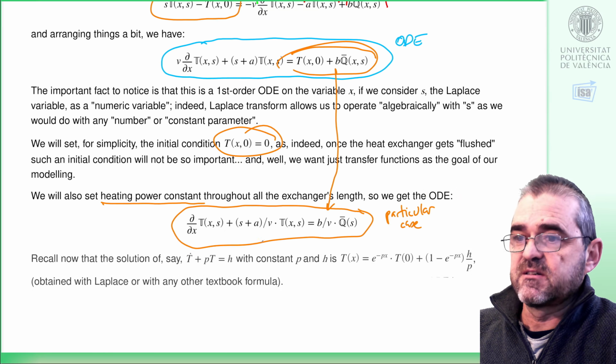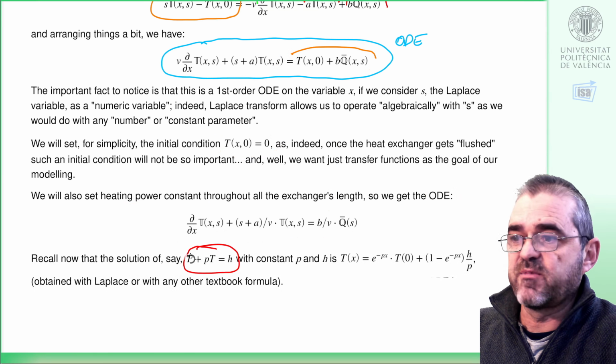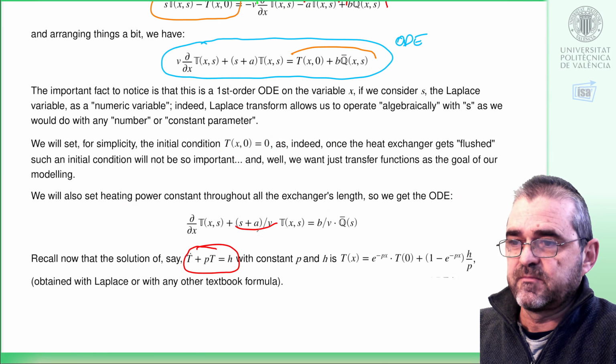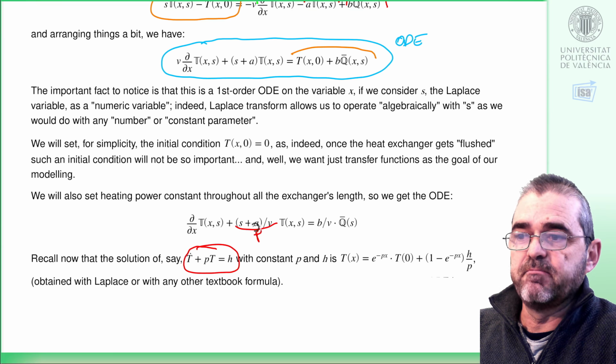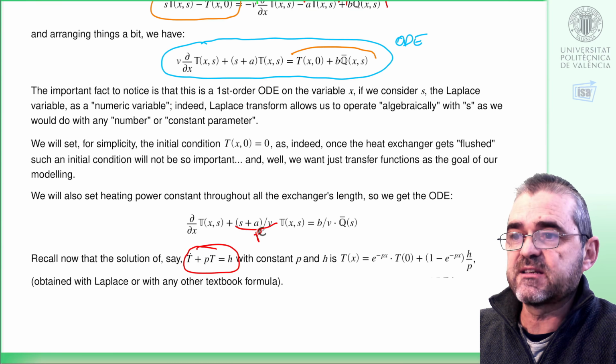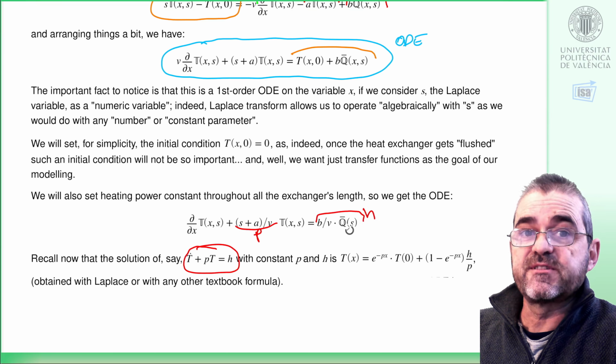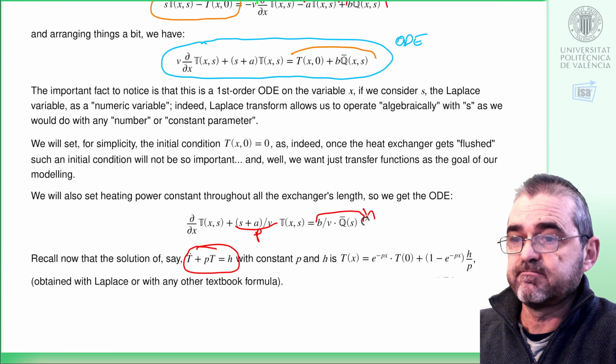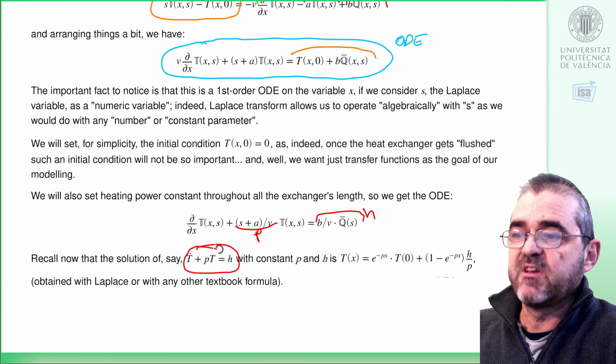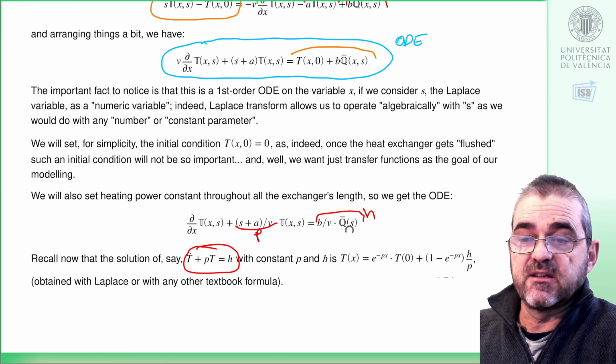So this is, in simple terms, something similar to this. This is p, some numbers that do not depend on x. This is h, some numbers that do not depend on x. So if we know the solution to this, we can just replace p and h and solve it.